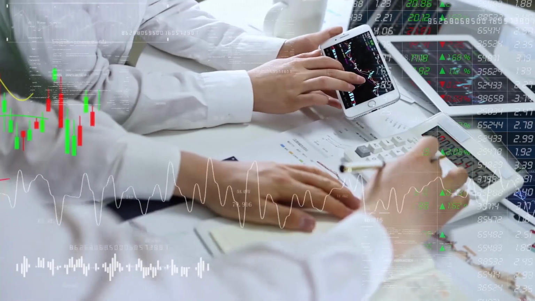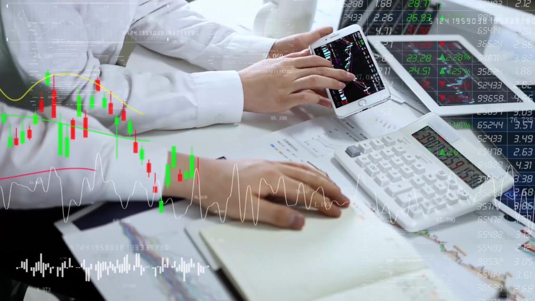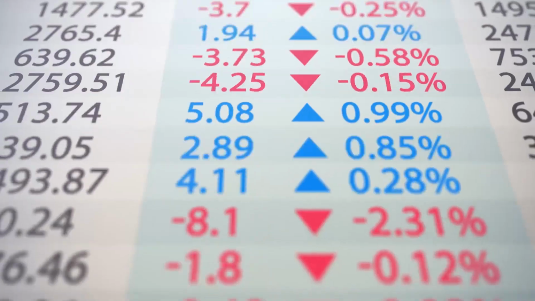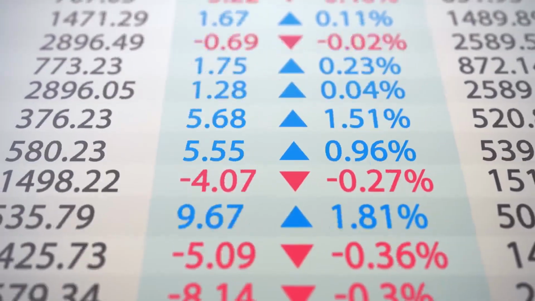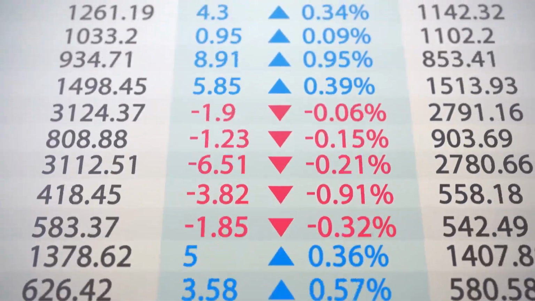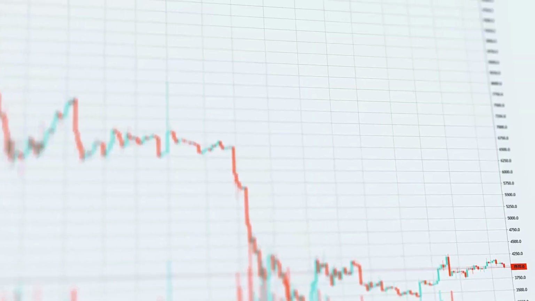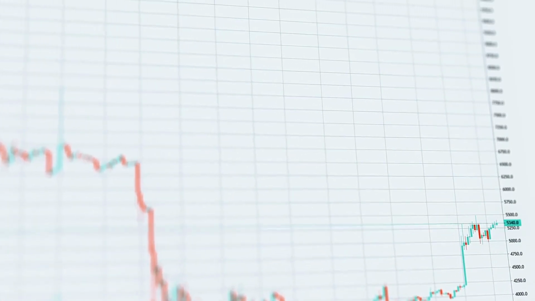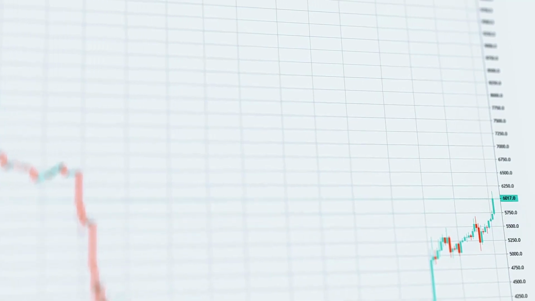On the other hand, the stock would have to make an extremely large move to reach $25 per share, making it less likely for the $25 strike call option to have value at expiration. Therefore, the $25 strike call option will not cost much because it is less likely to be valuable at expiration.